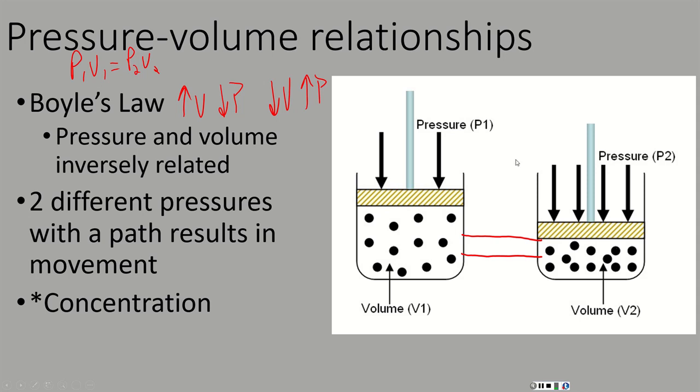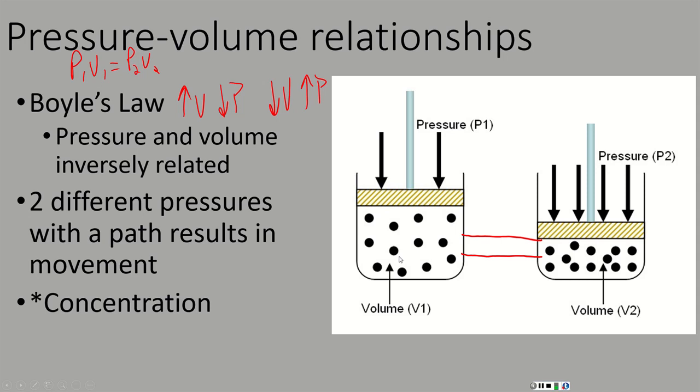So that should sound similar to diffusion in Bio 137. To make it sound even more similar, I'm going to say it a little bit differently. Things like to move from an area of high pressure to an area of low pressure.